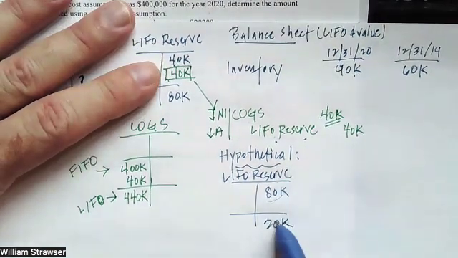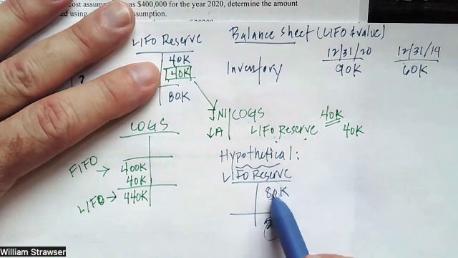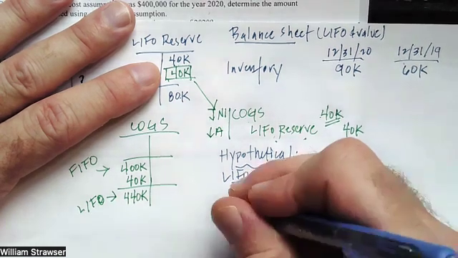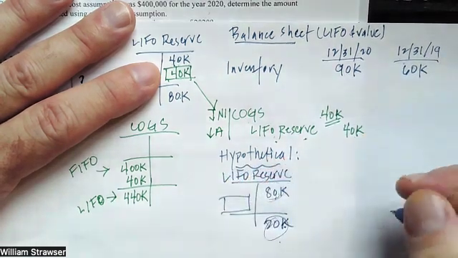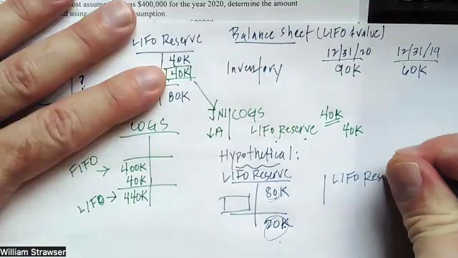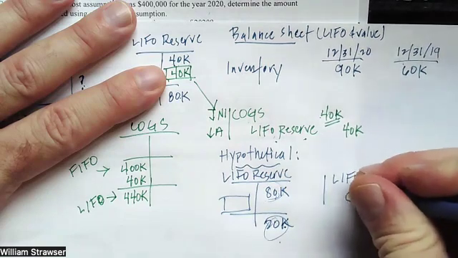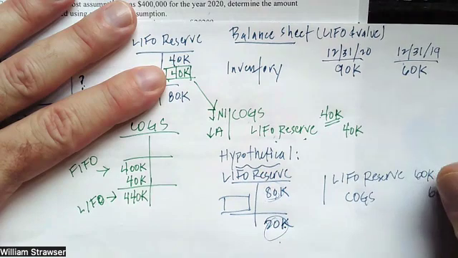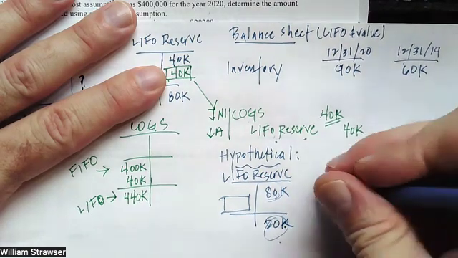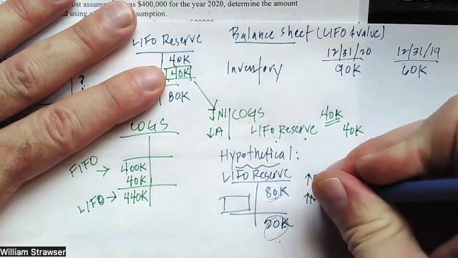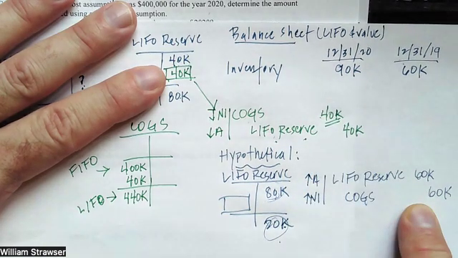So this suggests that there must have been a reversal in the trend of inventory costs over time. In order to go from 80 to 20, we need a debit to the LIFO reserve. And the debit to the LIFO reserve will trigger a credit to cost of goods sold. Since inventory costs are going down over time, it actually credits the cost of goods sold account.